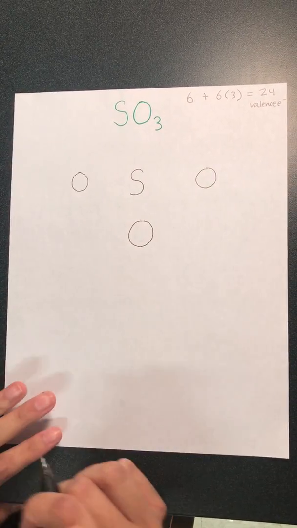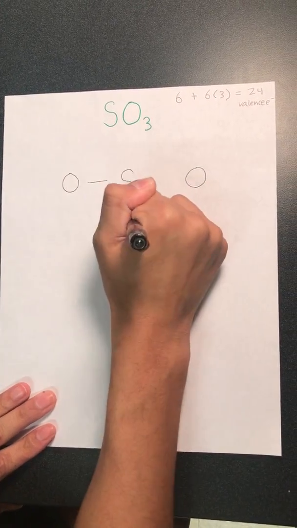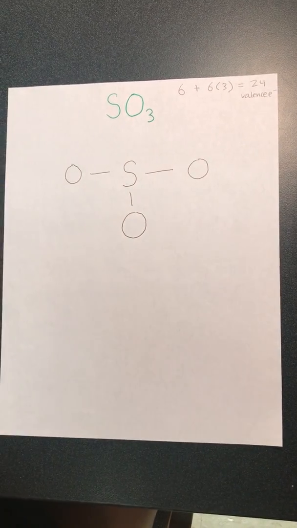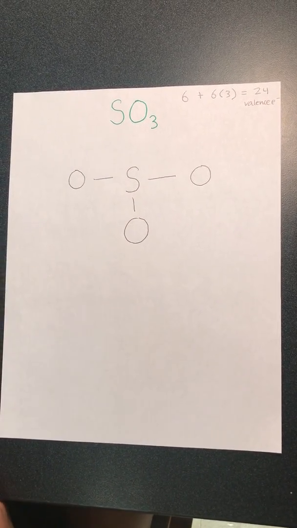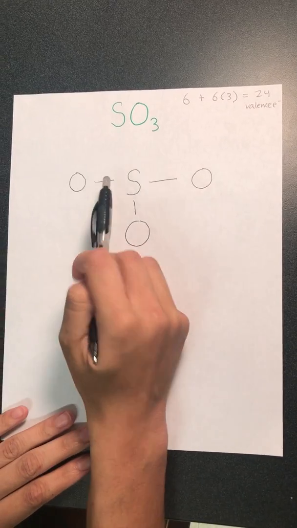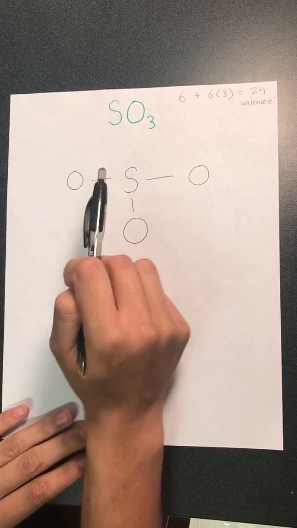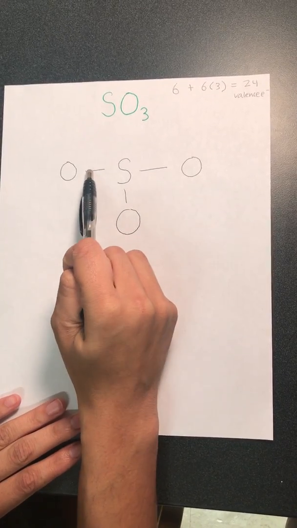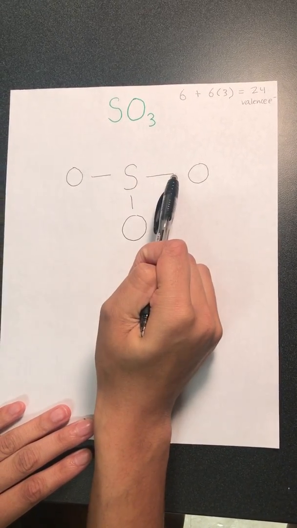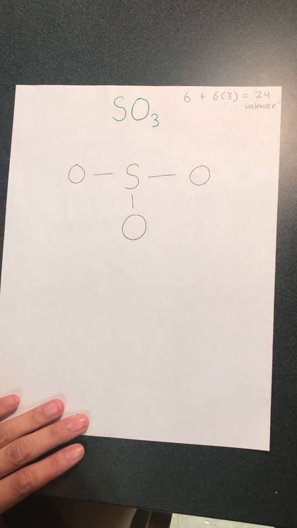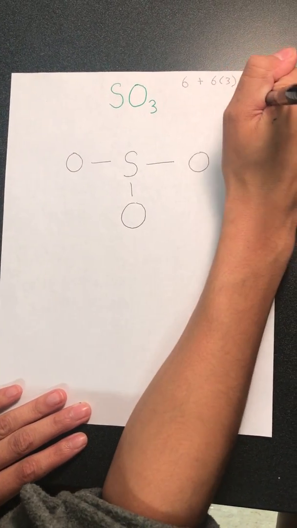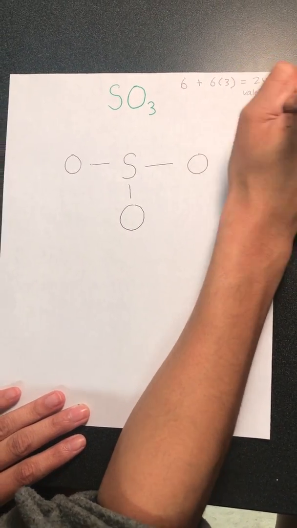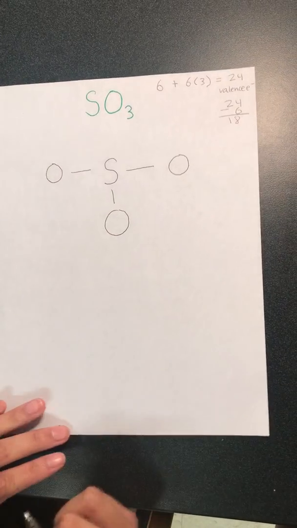And we're going to go ahead and connect all of these atoms with a single bond in between all of them. And then once we have those drawn, we can see that a single bond is made up of 2 valence electrons. So we have 1, 2, 3 single bonds times 2 is 6 valence electrons. So we're going to subtract 24 minus 6, which leaves us with 18 valence electrons.